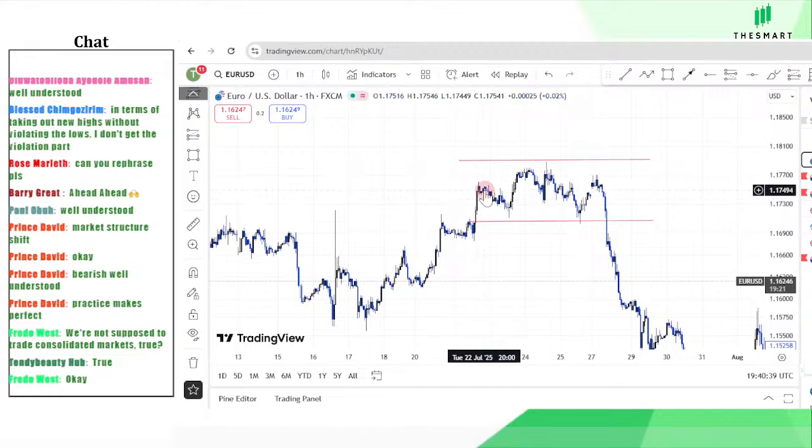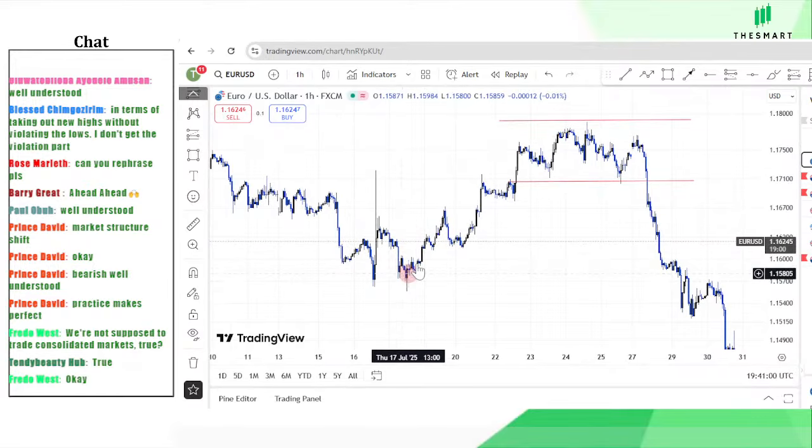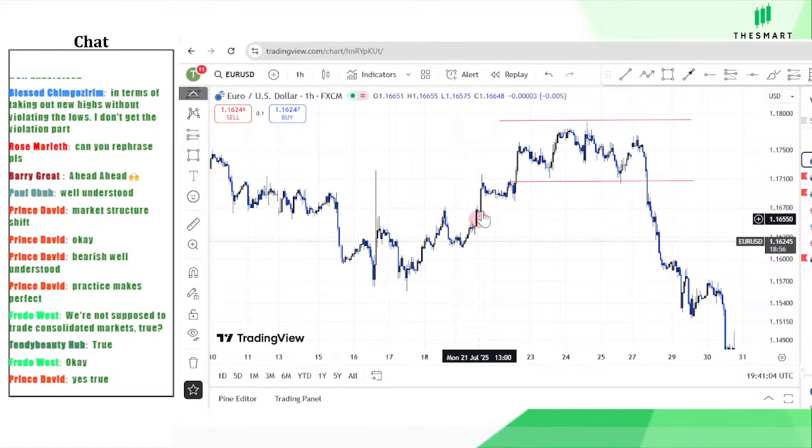Alright, so within this point, when the price pushed into this point, the price moved down, moved up, moved down, moved up, moved down, moved up. There was no clear price movement. If you look at this point, the market was moving, and you can see the strength the market was moving with.